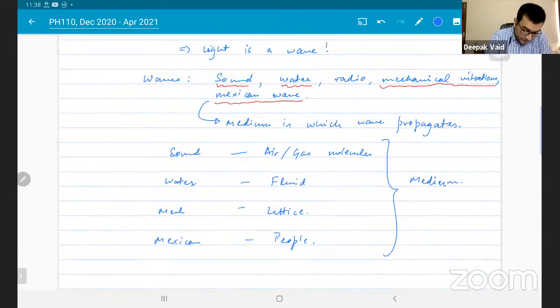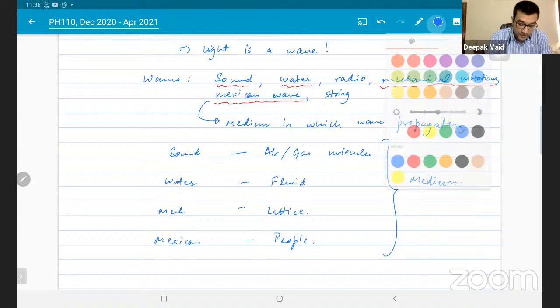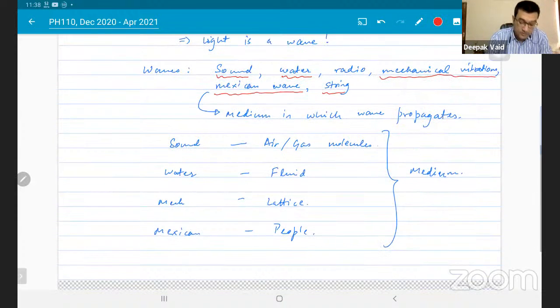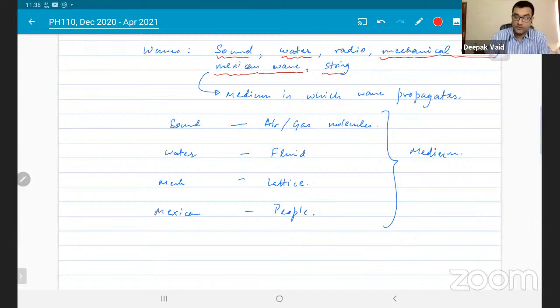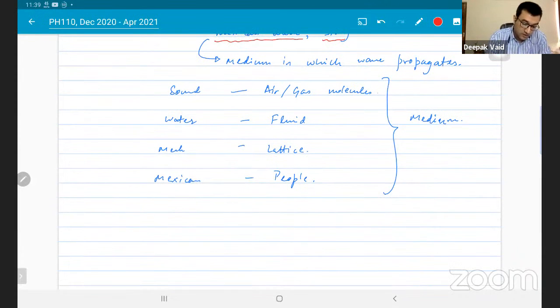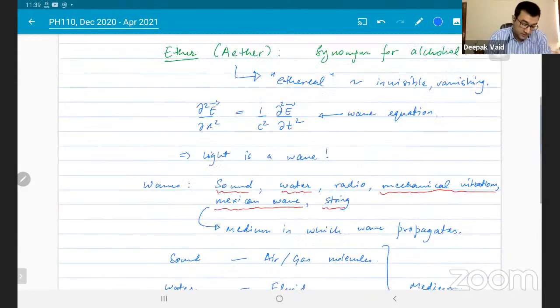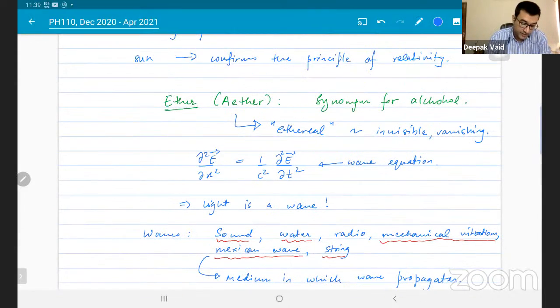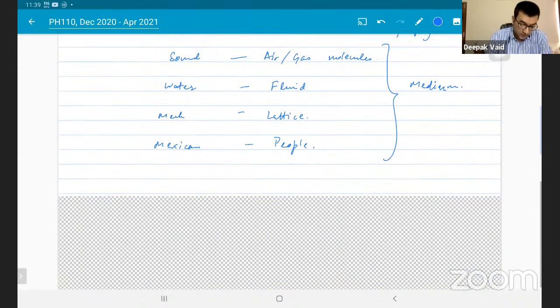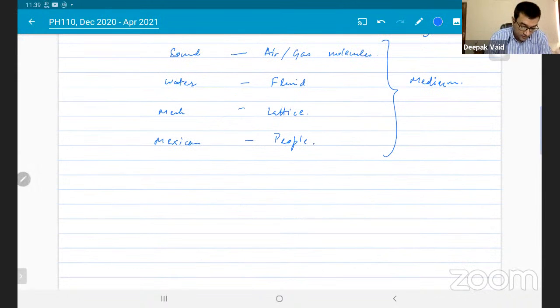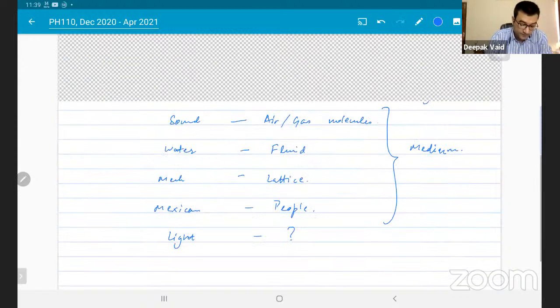Another kind of wave, which I forgot, is in a string: one-dimensional waves in a string, for example. Now, people ask the question for light: what is the medium?